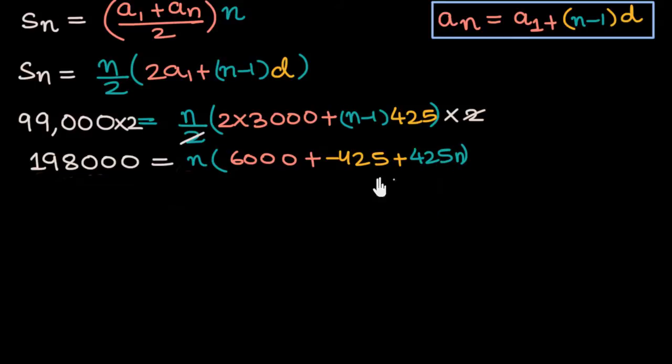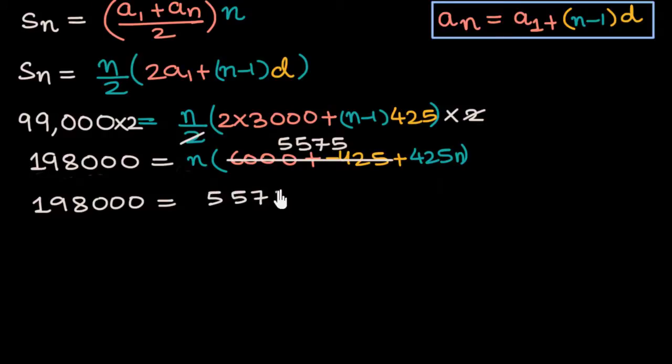Now we can simplify this further and add 6000 and negative 425, which comes out to be 5575. Oh boy, seems like we are getting ourselves a really big quadratic equation. I wish I had simplified this in the previous step. But anyway, let's move on and let's simplify this further. So on the right hand side, we'll now have 5575n plus 425n squared. Well, this is really big, so I'm gonna get my calculator.